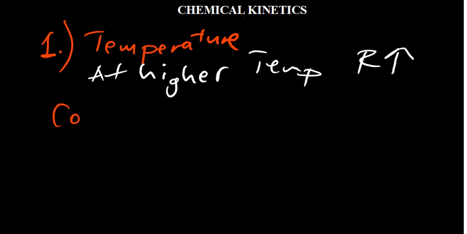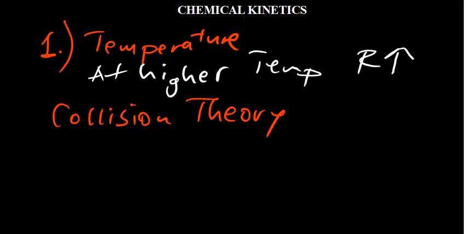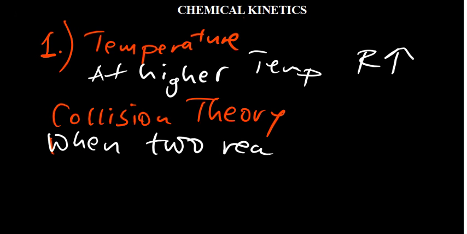There is what we call collision theory, which explains why it is important for the temperature to be greater. The collision theory tells us that when you have two reactants in a chemical reaction, their molecules have to collide for a chemical reaction to occur, and they must collide with sufficient energy.